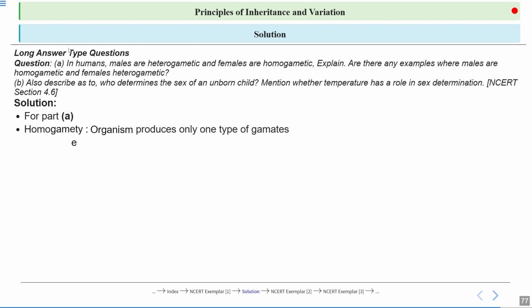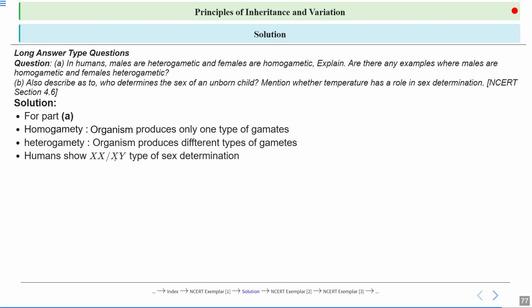Okay, we are talking about the answer for part A. In the XY sex determination system, humans, the male has XY chromosomes, so he produces two kinds of gametes. Females are homogametic because they have X and X, so they produce only one kind of gamete. Humans have the XX, XY type of sex determination system.